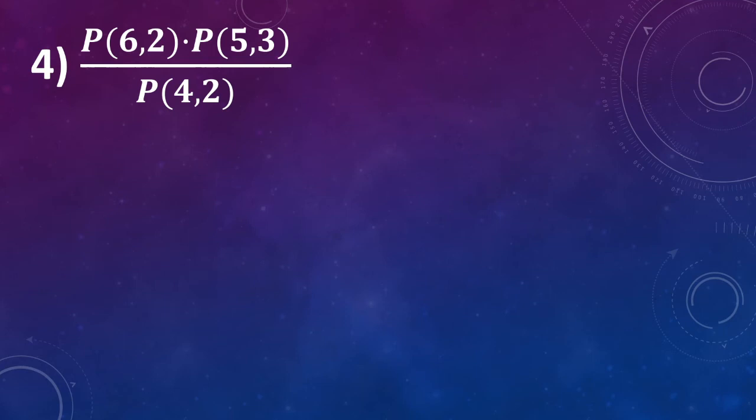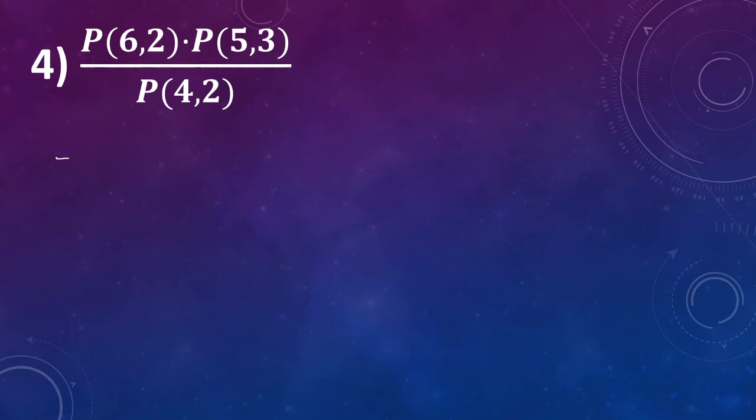Okay, example number 4. Permutation of 6 taken 2 at a time times permutation of 5 taken 3 at a time over permutation of 4 taken 2 at a time. Okay, dito sa number 4, just like what we did in number 3, ganun din ang ating gagawin. So, first is itong permutation of 6 taken 2 at a time can be considered as 2 consecutive factors starting with 6.